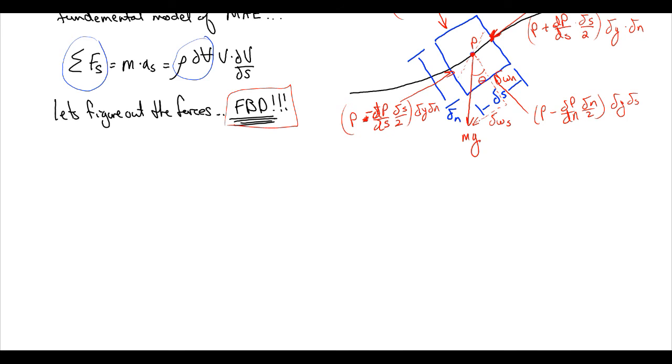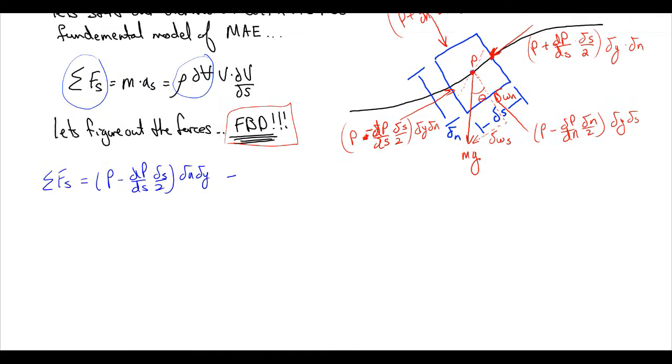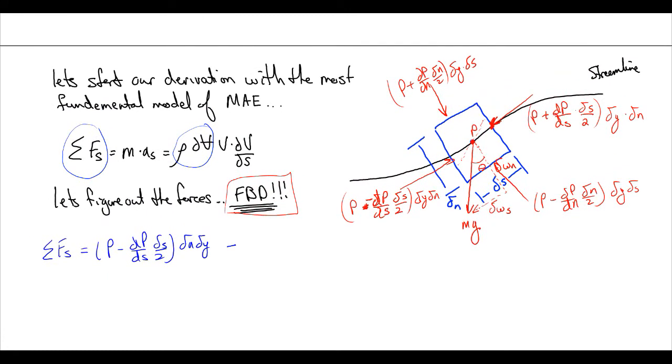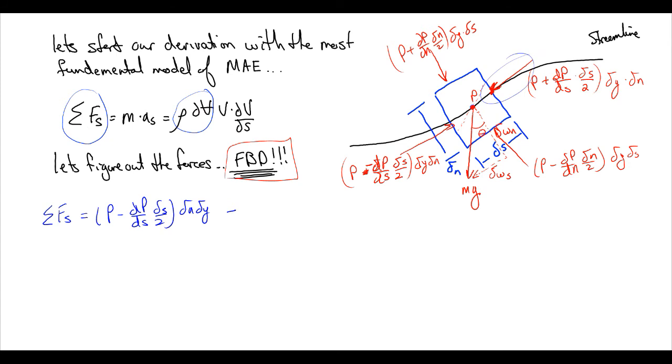This is equal to P minus dP/ds delta s over 2 times delta n delta y, minus, because this force up here is pointing in the minus direction, that's the one we're doing right now, minus pressure plus dP/ds delta s over 2 times delta n delta y.